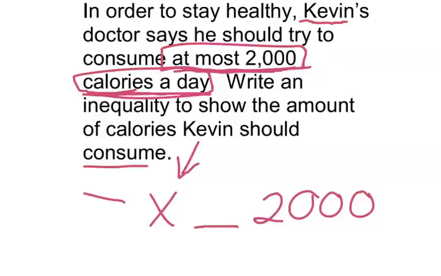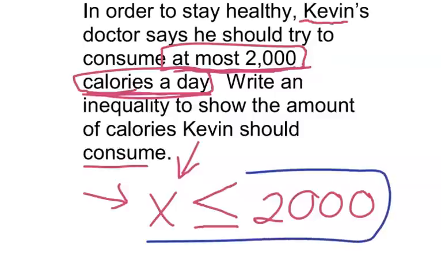So this number has to be less than 2,000 calories. All right, so that's basically it right there. We have x is less than or equal to 2,000, and that would represent the number of calories he can consume in one day. So there we go.